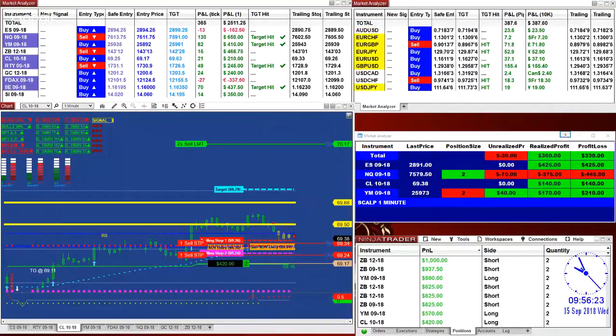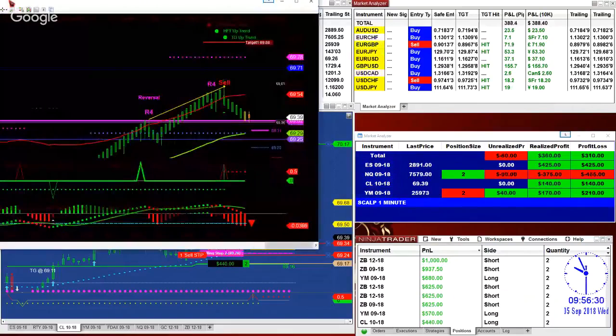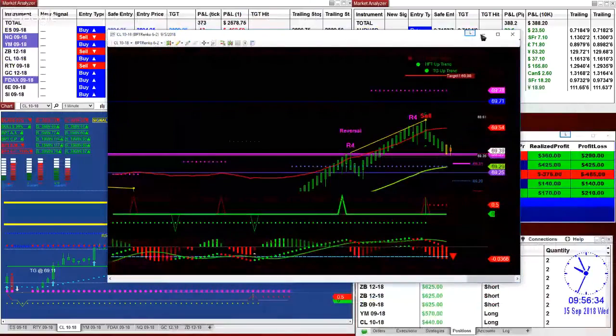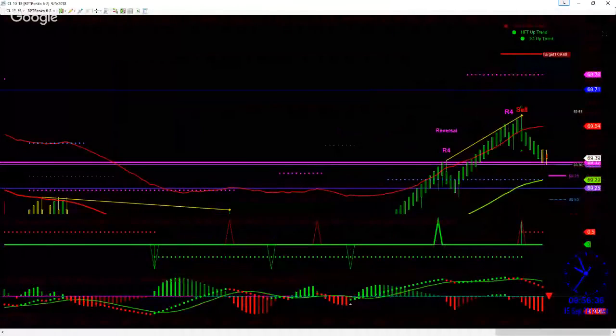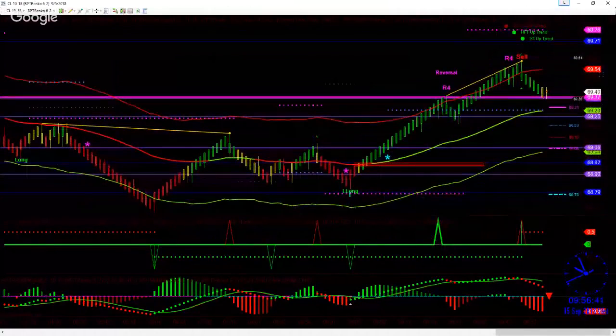I want to take the CL today also on the Renko bar. We had an earlier trade today.